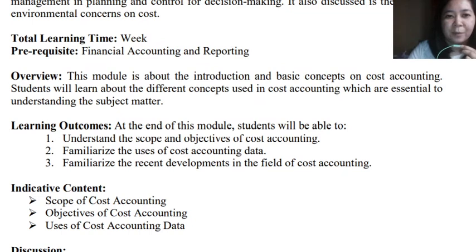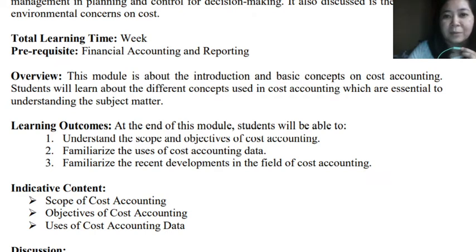For the overview, in this module, we will discuss the introduction to the basic concepts in cost accounting. Here you will be learning about these concepts, which are also essential to the understanding of this subject, cost accounting and control.